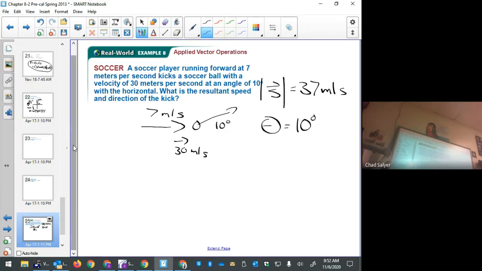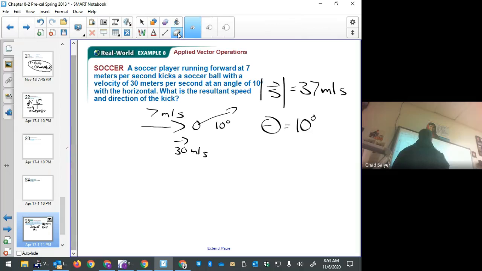So that assumes the kick is perfectly horizontal and the runner's momentum is also perfectly horizontal, which would not actually be the case. You'd lose some energy. You couldn't kick it at a 10-degree angle if your foot was perfectly horizontal. So you would have some Y displacement here. Oh, actually, I see. We can't safely make that assumption, so hold on. So we could assume this.